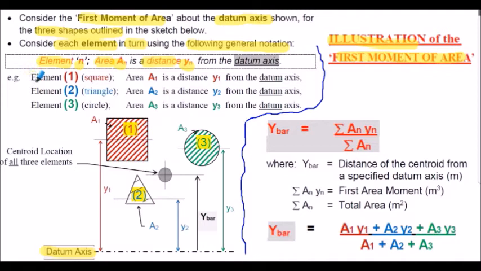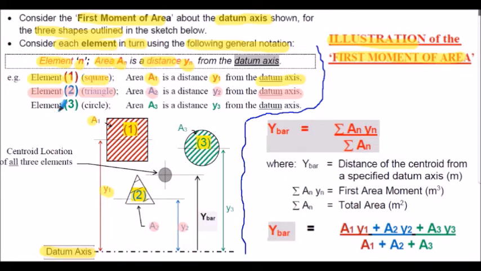So consider element 1, which is a square in the diagram below. It has an area A1 and a distance Y1 from the datum axis. If we consider element number 2, which is a triangle below, then that has area A2, which is distance Y2 from the datum axis.